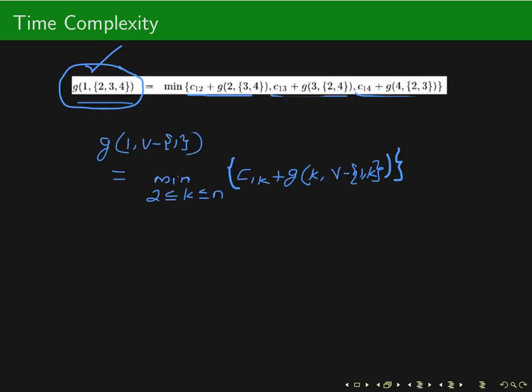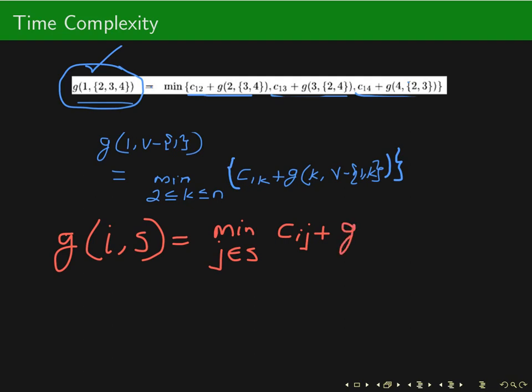Now we can generalize this expression for any starting vertex by writing g of i, S, where S is the subset of all vertices yet to be visited, equals the minimum over all j belonging to S of c of ij plus g of j, S minus j.